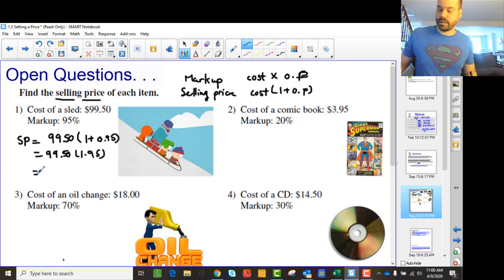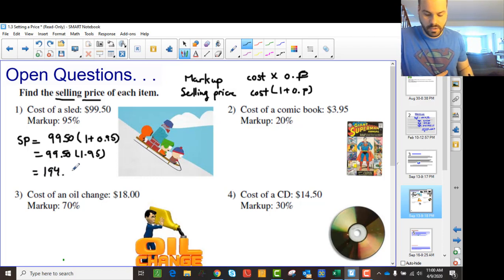And if I multiply $99.50 by 1.95, I get $194.03. So that's what I'm going to charge. Okay. Now the profit, just so you understand, the profit is the difference between the selling price and the cost.